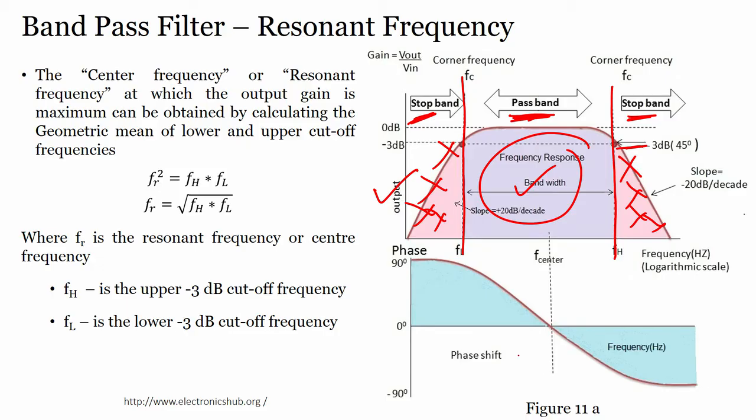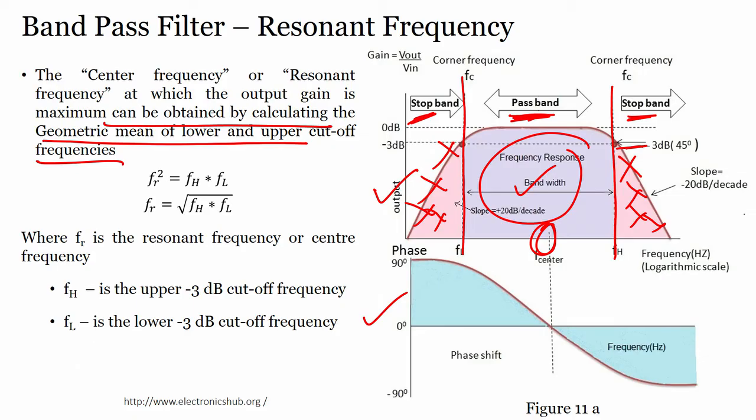If you consider phase, then you will have a phase shift like this, all right. You have the phase shift shown here, right, with respect to the center, with respect to FL, with respect to FH, all right. Now, the center frequency or the resonant frequency, at which the output gain is maximum, can be obtained by calculating the geometric mean of the lower and upper cutoff frequencies.